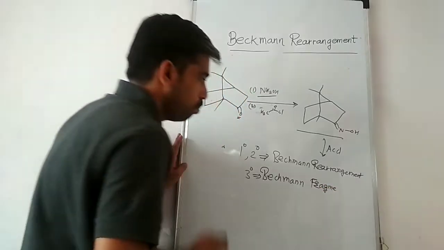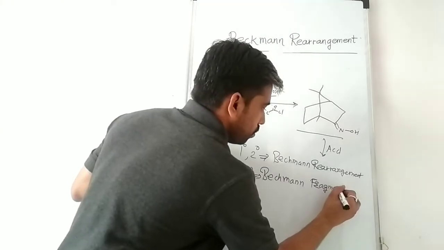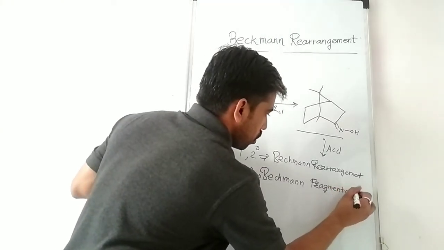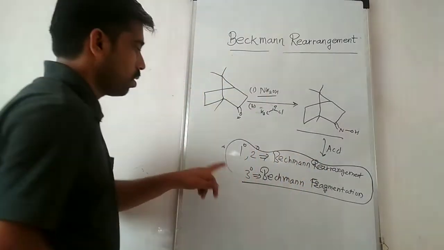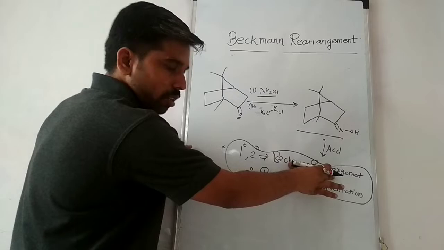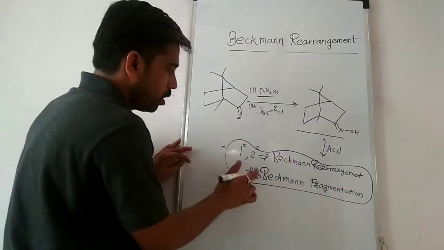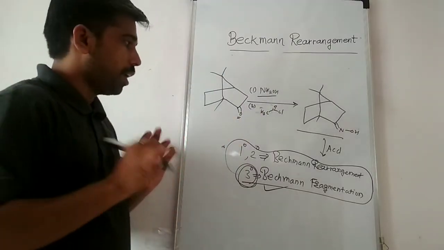This is the main difference between the Beckmann rearrangement and Beckmann fragmentation. Okay, remember these things. For the primary and secondary migrating group, there is a Beckmann rearrangement, and if the migrating group is tertiary, then Beckmann fragmentation reaction.